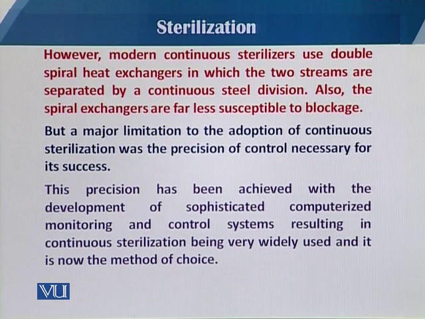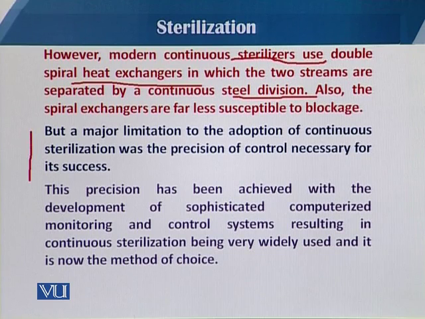The modern continuous sterilizers are double spiral heat exchangers in which the two streams are separated. Because there was a chance of mixing of sterilized and unsterilized streams, the modern sterilizers have double spiral heat exchangers in which the two streams are separated by continuous steel divisions. The spiral exchangers are far less susceptible to blockage.